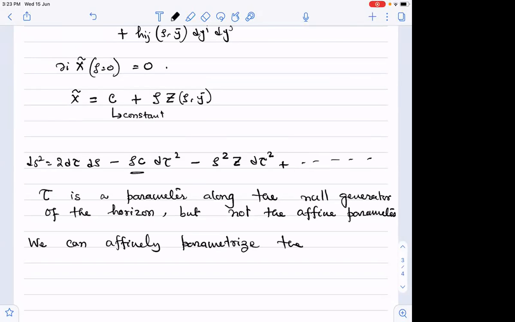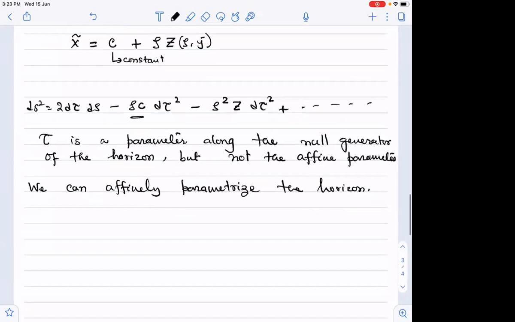You can affinely parameterize the horizon anyway, but if C is constant, this reparameterization becomes very simple and something good happens after that. This reparameterization, where tau goes along the affine parameter of the horizon generator, could be done in this way.